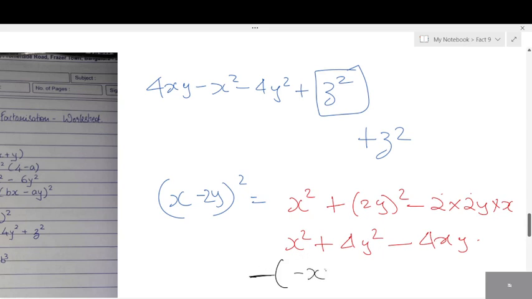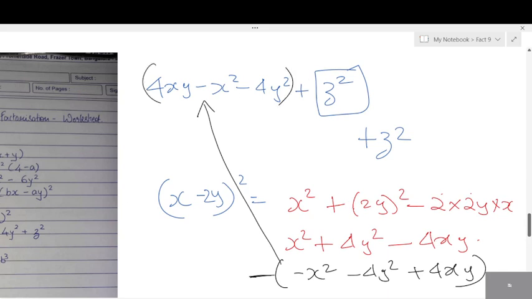It becomes minus x square. 4y square becomes minus 4y square, and next plus 4xy. Can you see this part? Isn't it the same for x square?